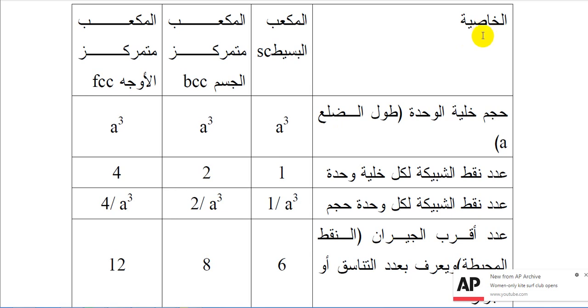As you can see right in front of you, the particularity, يعني الخاصية كما ترون أمامكم: المكعب البسيط, the simple cubic, SC. المكعب متمركز الجسم BCC, body centered cubic crystal lattice structure system.